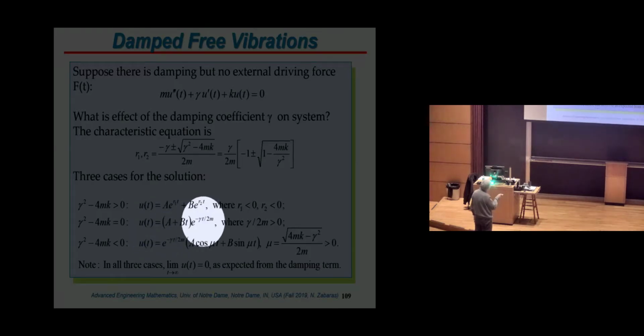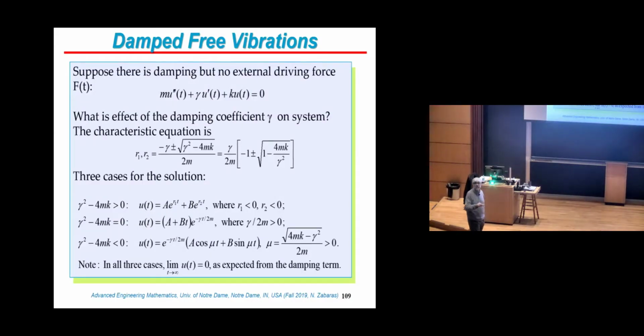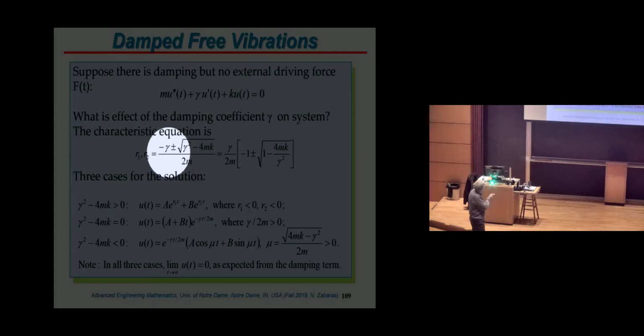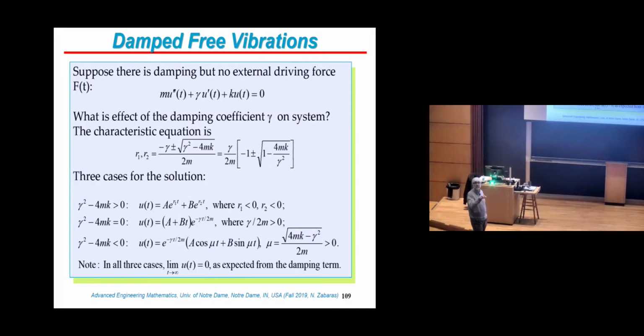And can you remind me why the solution looks like that? I forgot. Say it again. Double root. And for double root, one of the solutions will be e to the minus gamma t over 2m. And the other one will be what? T times that. You remember? Yes? All right. So t times that.